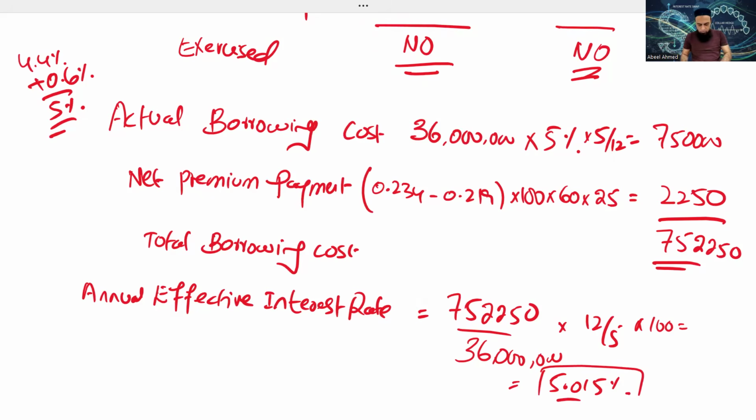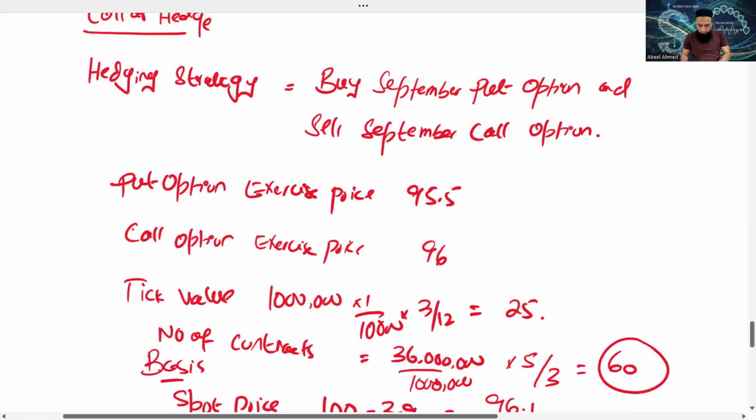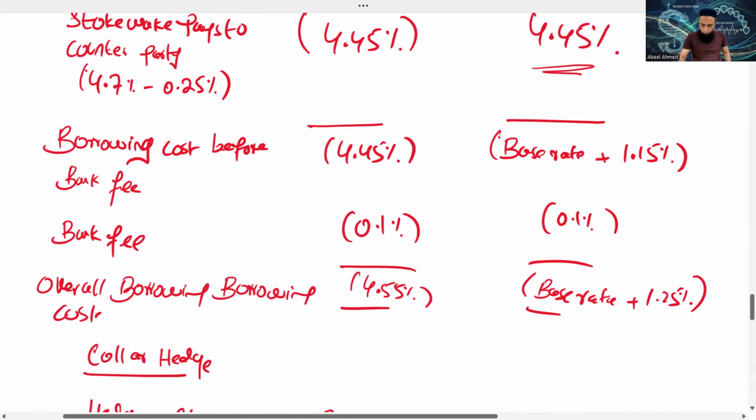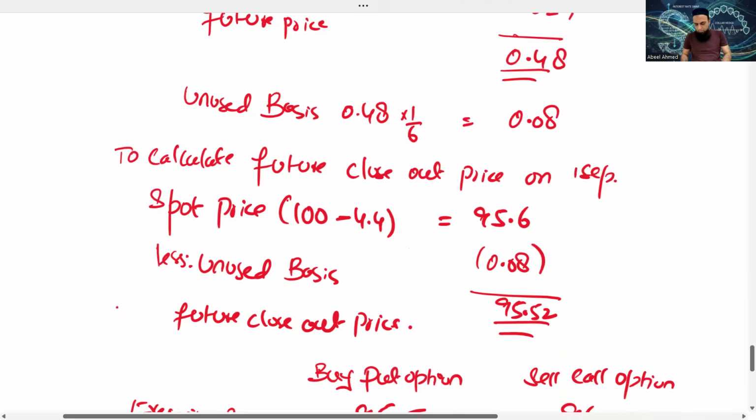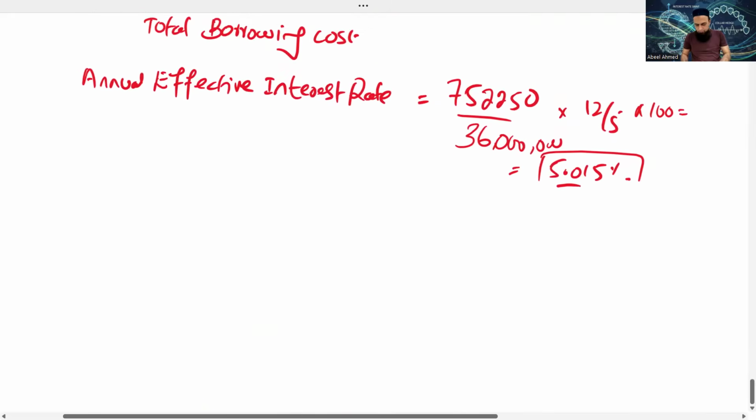Now let's see what was the rate in case of swap. So look at the swap. We are getting 4.455. So obviously swap is better than collar.